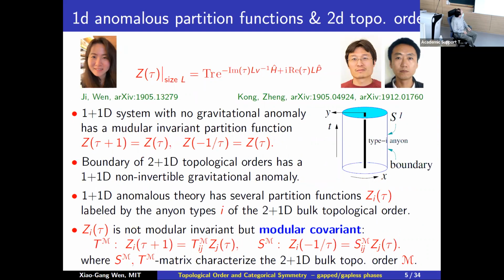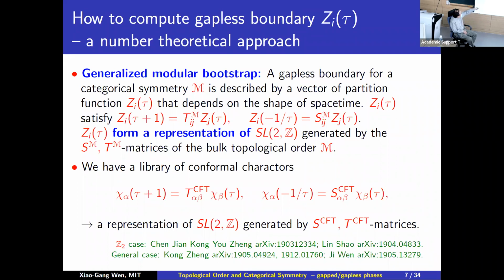I want to distinguish them from the ST matrix for conformal field theory, the CFT. Those are the ST matrix for the conformal characters of the conformal field theory. That's a different ST matrix. When you have a conformal field theory, you have this modular transformation given by the conformal characters.